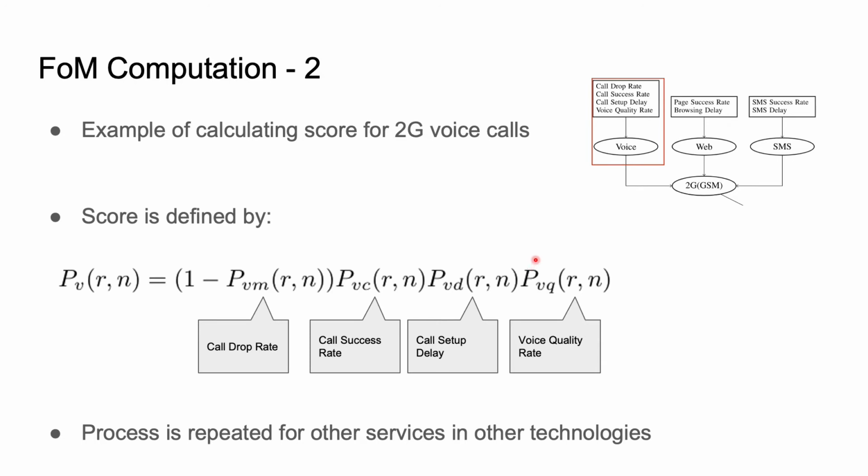We take those proportions and multiply them by each other to get the final score for voice 2G. This process is repeated for other services and other technologies. For example, for web, this same process would be repeated, and so on and so forth.